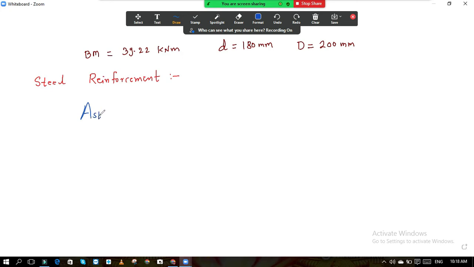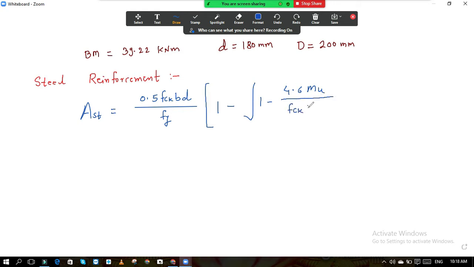Ast, the area of steel, is equal to 0.5 fck b d divided by fy, in bracket 1 minus square root of 1 minus 4.6 Mu whole divided by fck b d square.